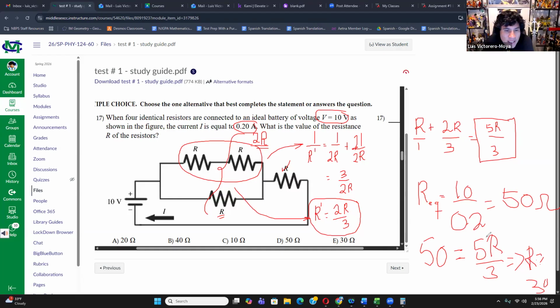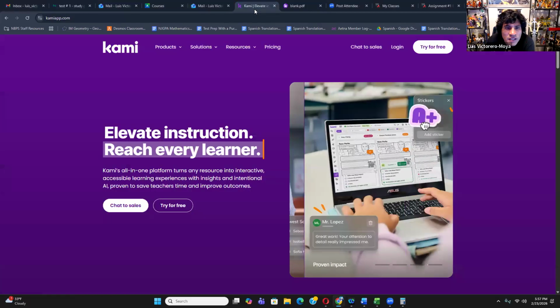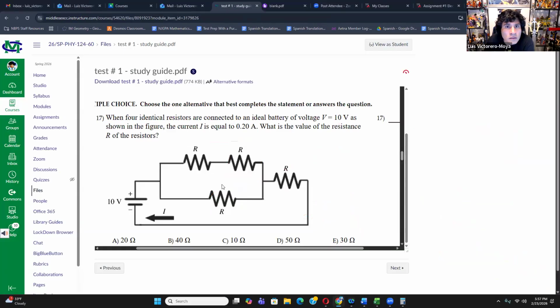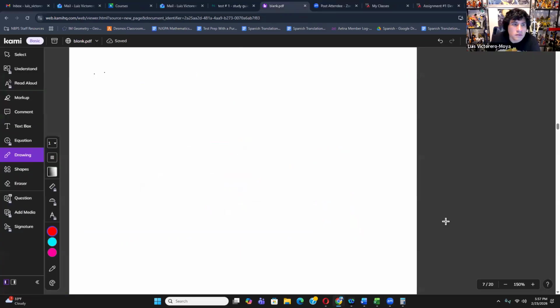Let's give you the same setup where you have to find the current and a few other values here. That's what you need to practice, right? So I'll use the same circuit. Let's draw this here.